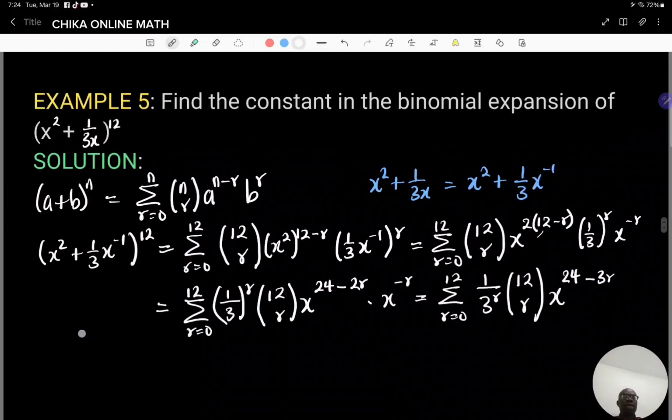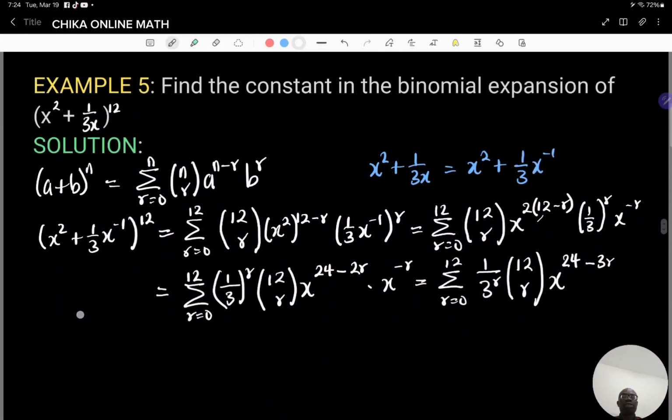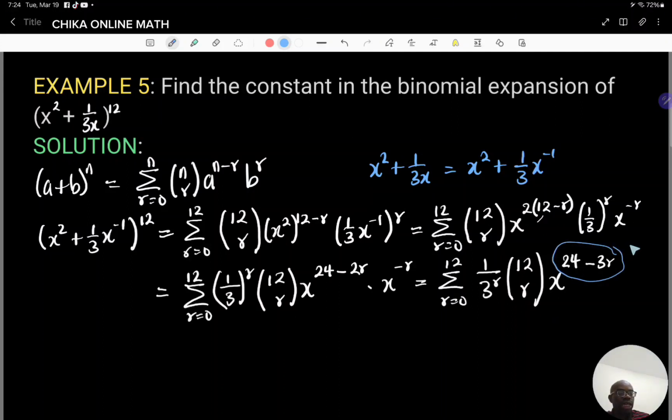Now remember the question says find the constant in the binomial expansion of this, okay. So what will make this value constant if you expand? The constant is when x is raised to the power 0, okay. So we want this number 24 minus 3r to be equal to 0, okay.